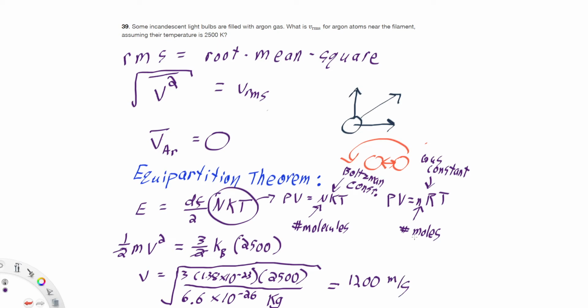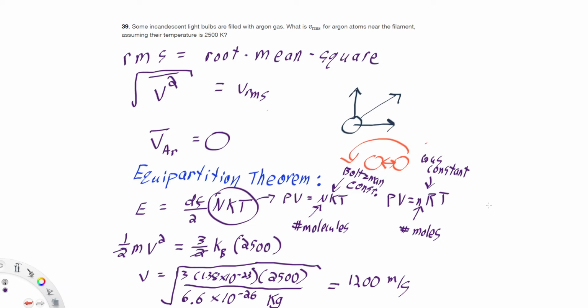That is fast. Alright, yeah, it's just a particle of gas, it's zipping around.